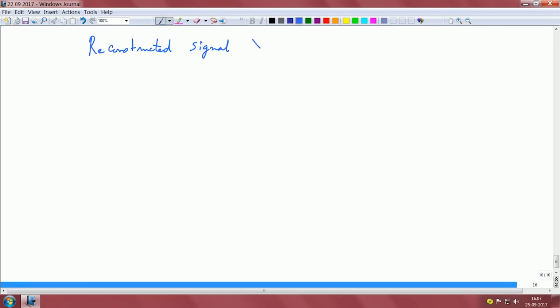So the reconstructed signal x hat of z is given by x hat of z equals f naught of z y naught of z, because you have y naught and y1 coming from the upsamplers during the synthesis stage, right. So therefore it is f naught of z y naught of z plus f1 of z y1 of z.